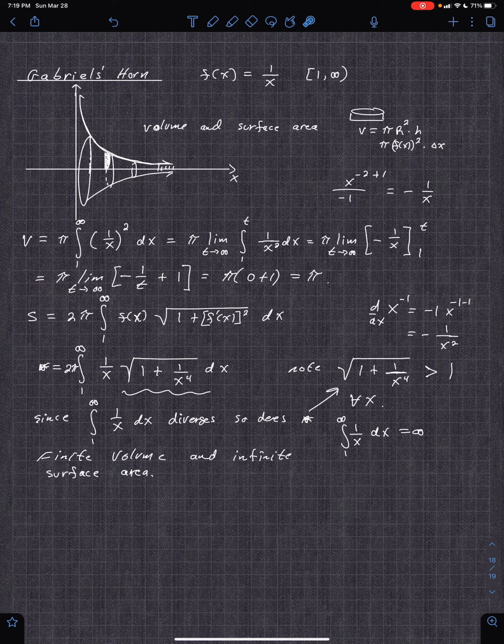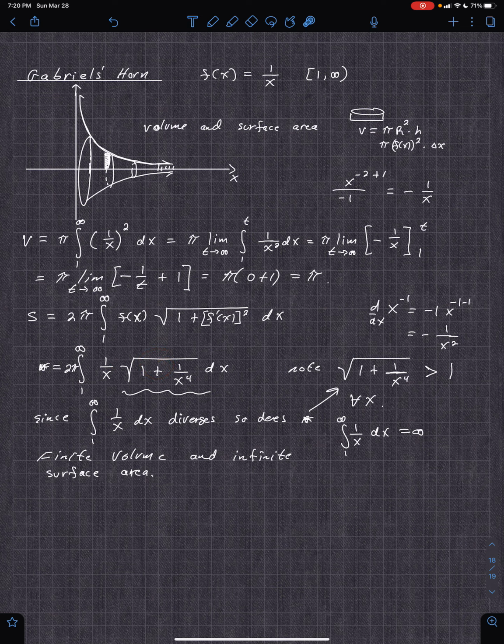When you do this, you get this integral. We already showed that 1 over x diverges from a constant to infinity. If you put in a square root of something that's greater than 1, you can see that, right? 1 plus something that's a little bigger will be greater than 1. So this is adding 2 pieces of that. It's not getting smaller.